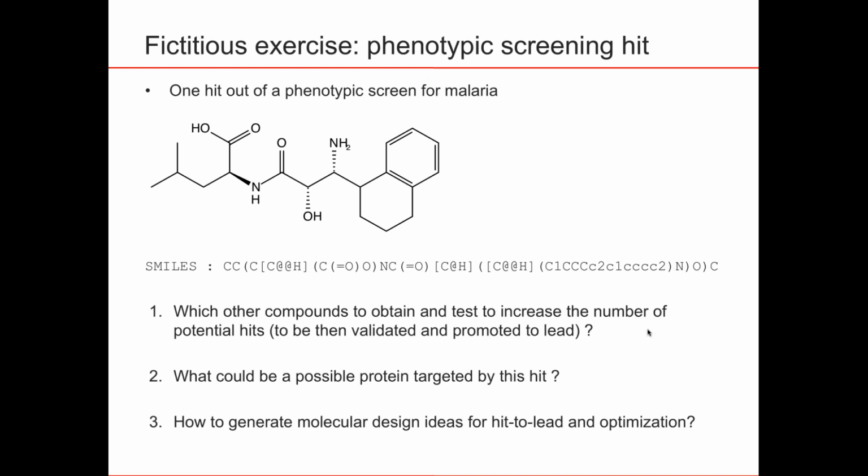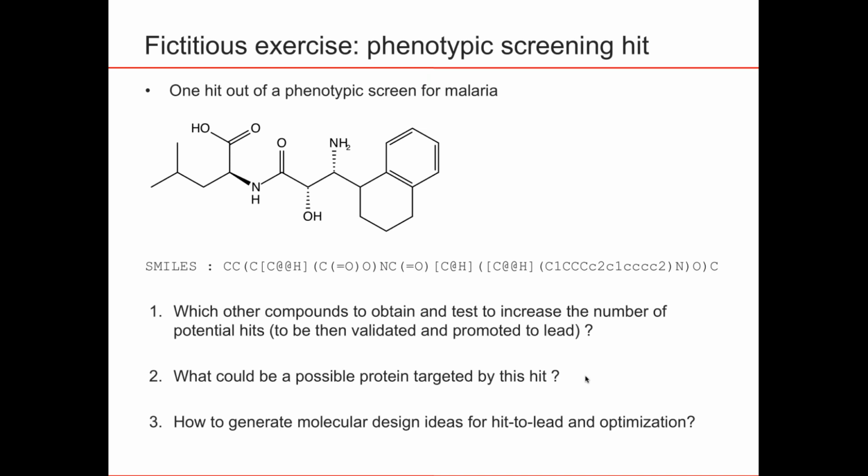So let's say that the exercise is we perform a phenotypic screen for malaria, and out of this phenotypic screen, a molecule pops up as a hit, which is this one. This is the structure of the hit. And we can ask 3 questions.